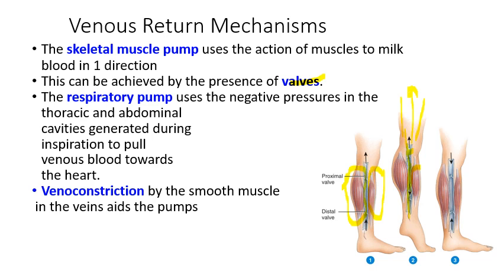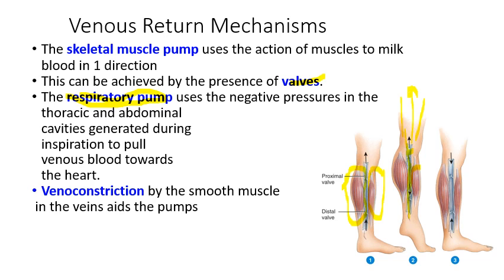Another important thing that your body does to get that blood up through those veins back towards the heart is the respiratory pump. The respiratory pump is pressure differences that happen in your thoracic and abdominal cavities when you take breaths in and out.